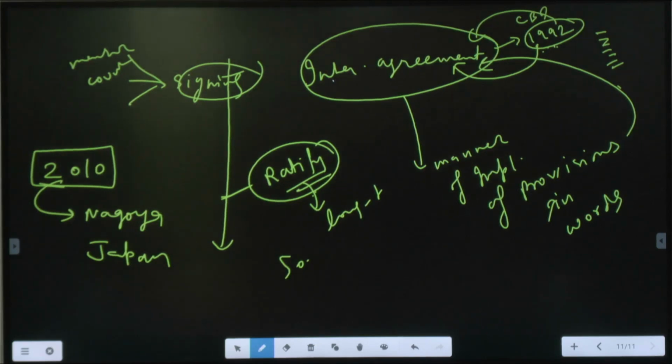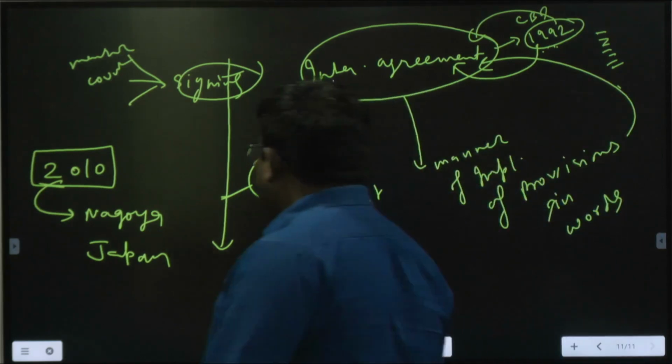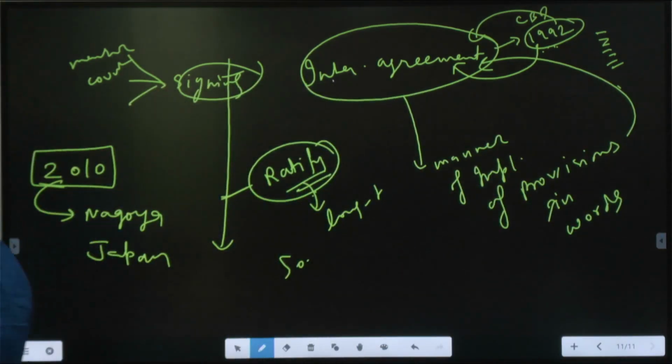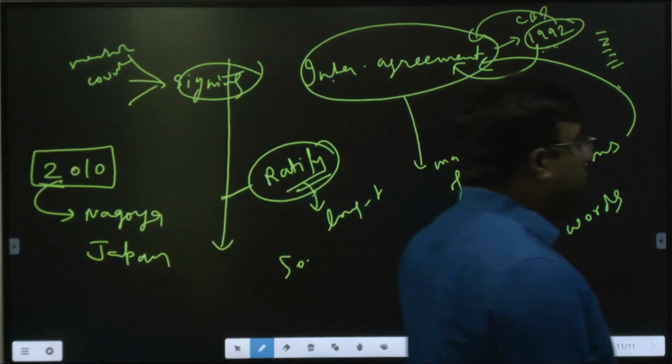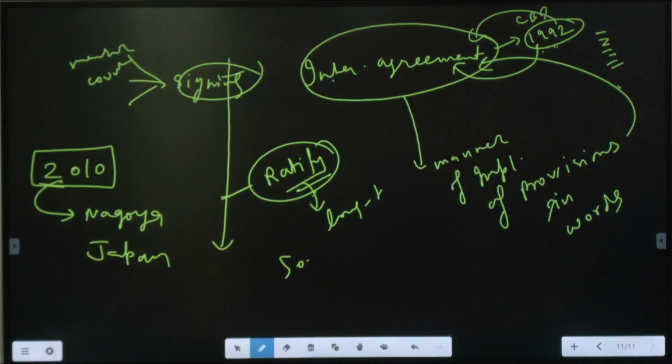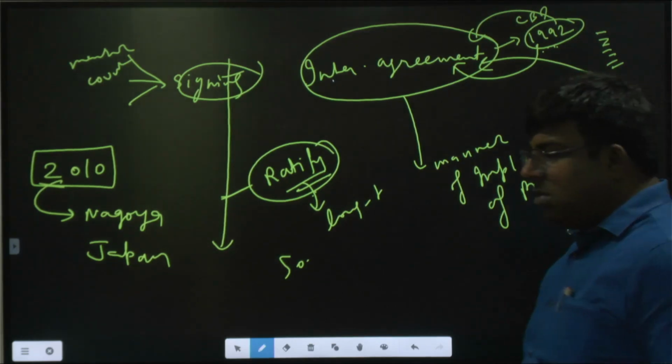So you should write down here: for facilitating the implementation of the second goal of CBD, Nagoya Protocol was signed in 2010.